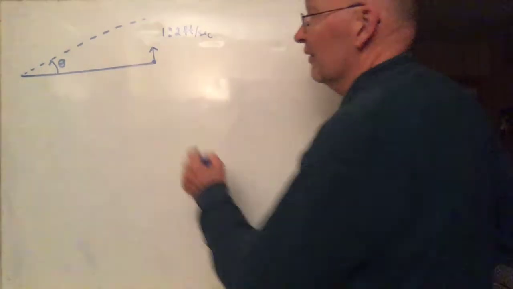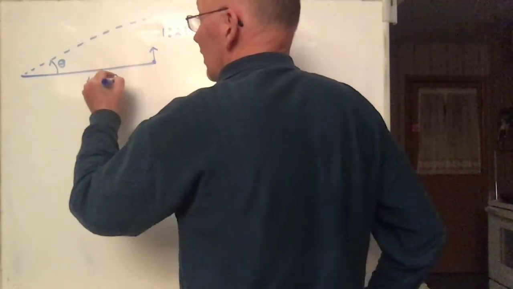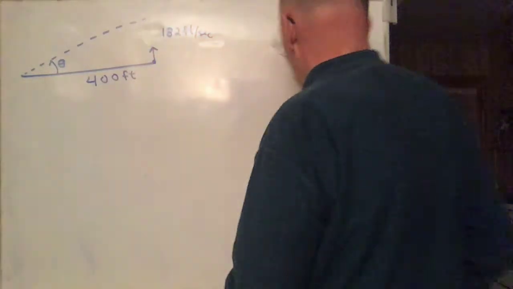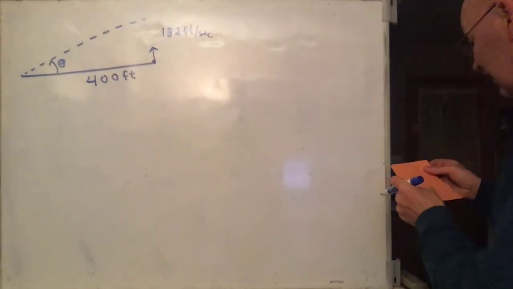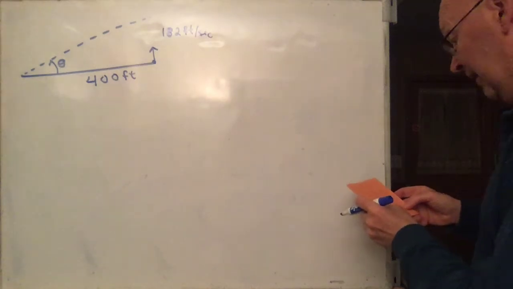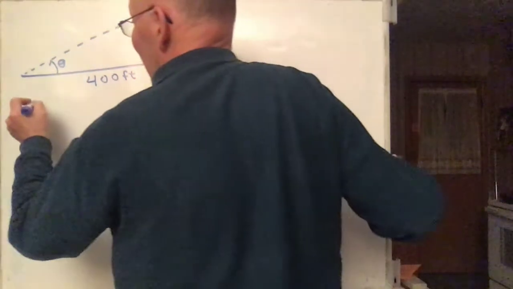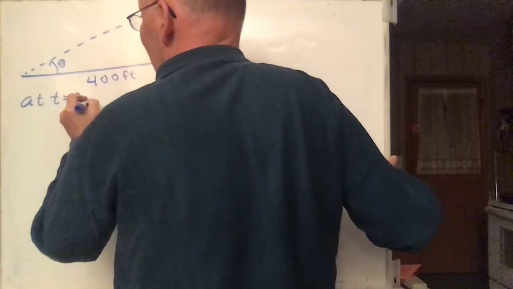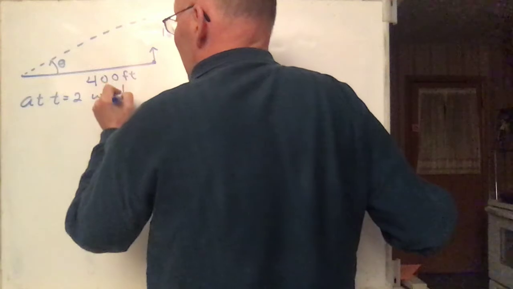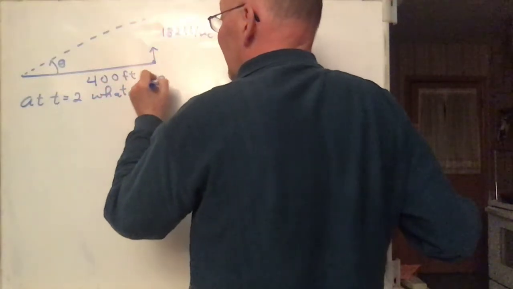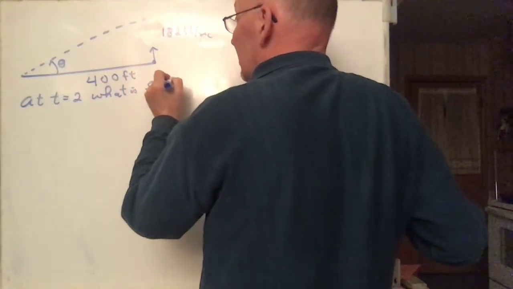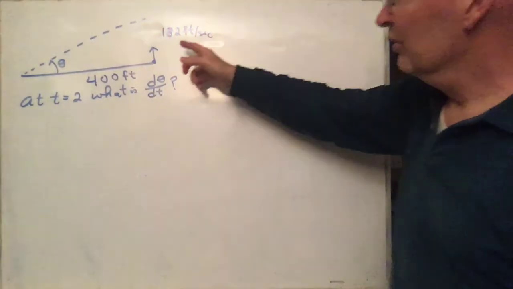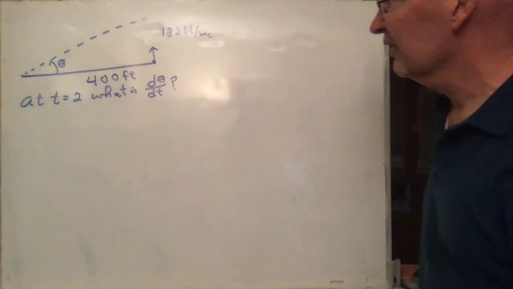And the question is, if this is 400 feet right here, here's the question. I've got it written down. At time equal to 2, what is d theta dt.